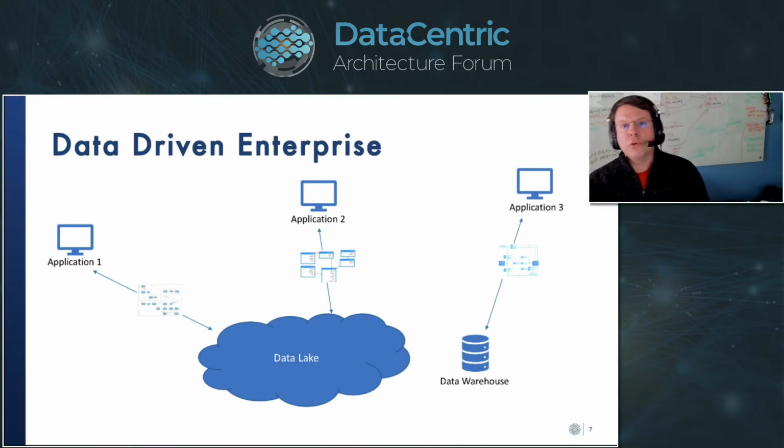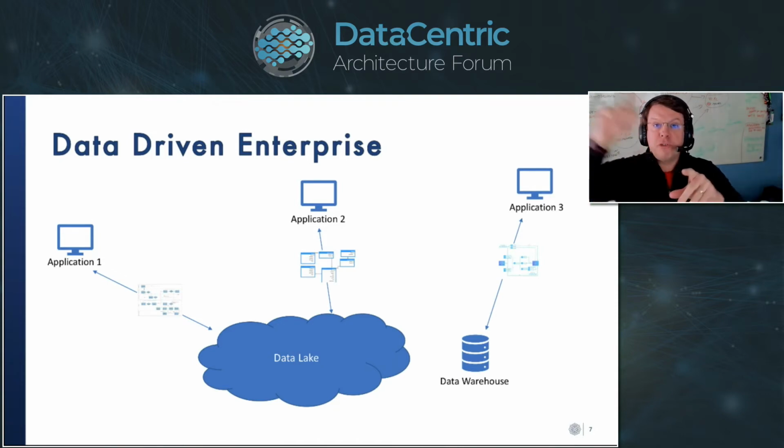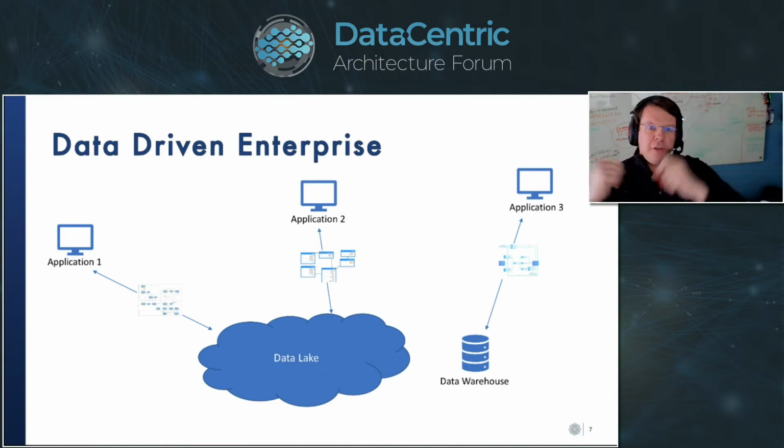Well, application 2 might be looking at your supply chain. How do you get products acquired into the warehouse, potentially built or sourced from other locations? How do you ship them out to stores? Where do things need to go? So you're going to be pulling from that same corporate data lake potentially, but you have a very, very different model.